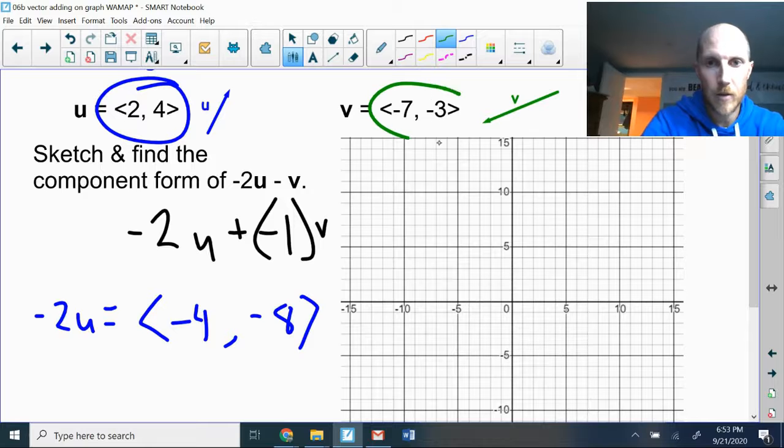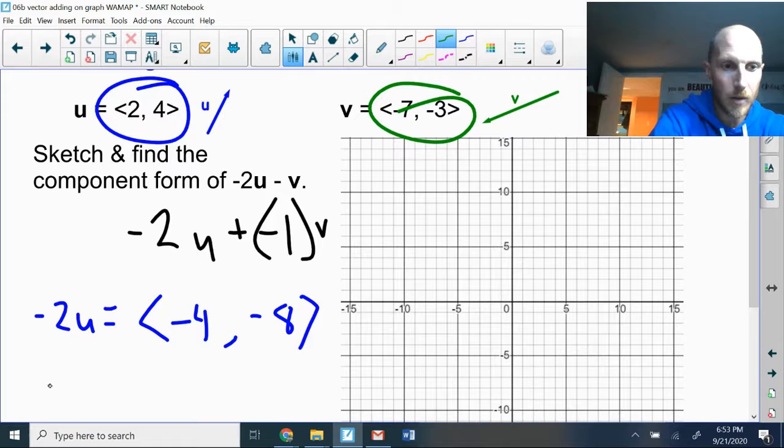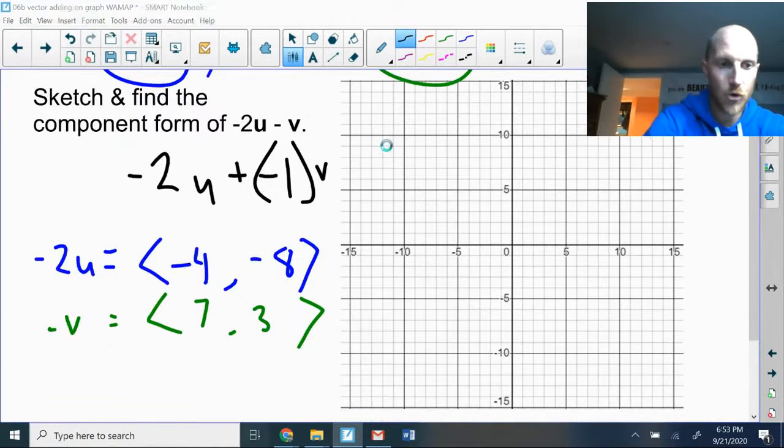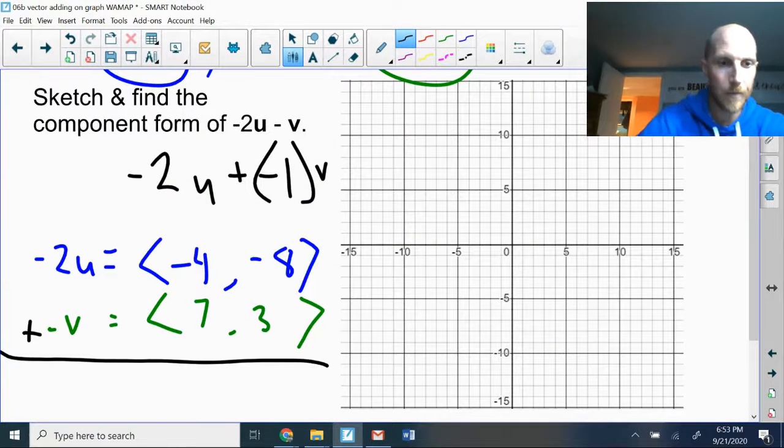And then I need to take vector v and multiply it by negative 1. So this is going to be the vector negative v. Multiply both by negative 1. That's just going to change the sign. So I'll have positive 7 and positive 3. There's my comma. Plus.